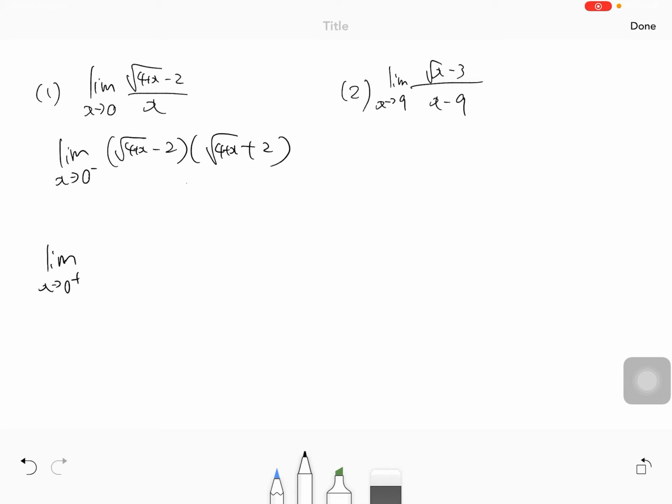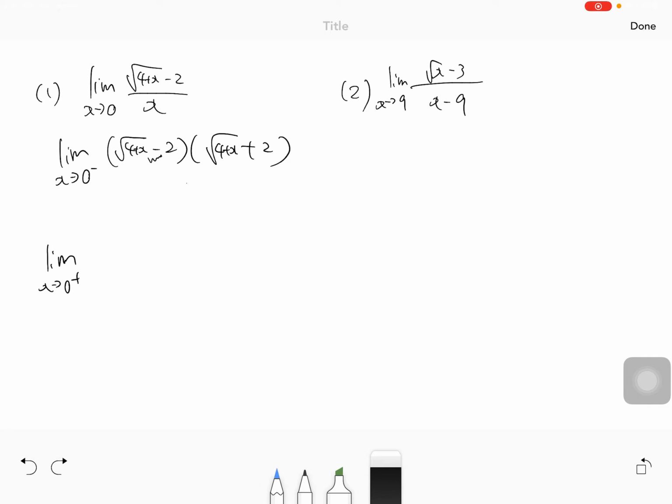So the conjugate is just you change the sign in the middle, I mean here. So for example, the conjugate of square root of x plus 2 is square root of x negative 2. You just change the sign here.